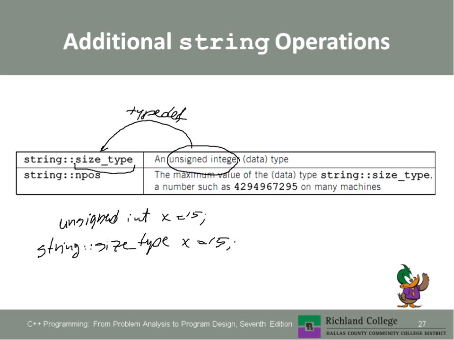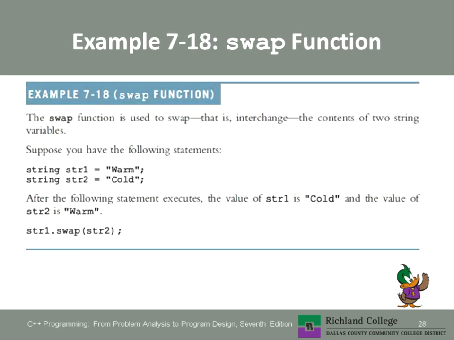It's exactly the same thing. And then we have the end position. The end position is the value of the type, a number that tells you what is the maximum number it can represent. So that would work as well.